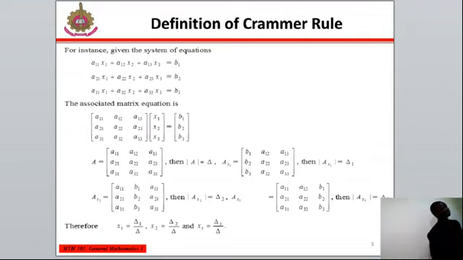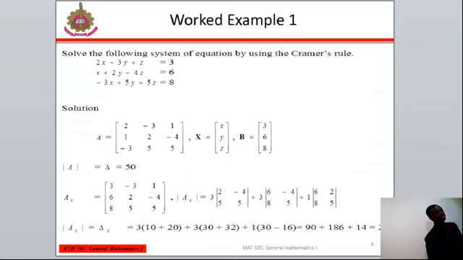As you can see from the slide, we obtain our original determinant from matrix A. Then we obtain other determinants, such as the determinant for x1, determinant x2, and determinant x3. And we made use of the formula x1 is equal to delta 1 over delta, x2 is equal to that of the second one and the third one. So if you follow the same procedure, you'll be able to obtain their corresponding values.